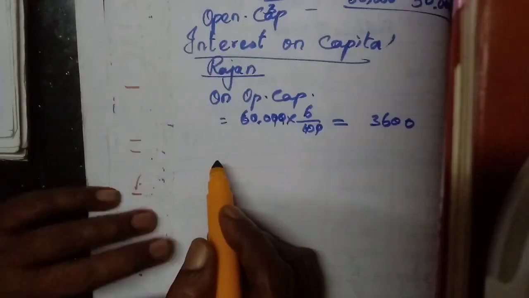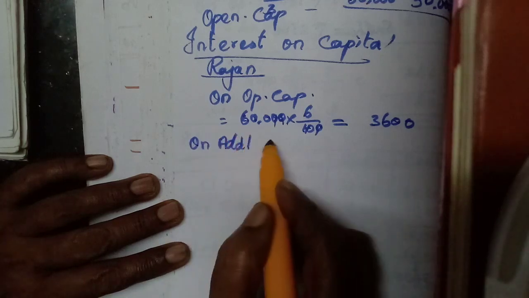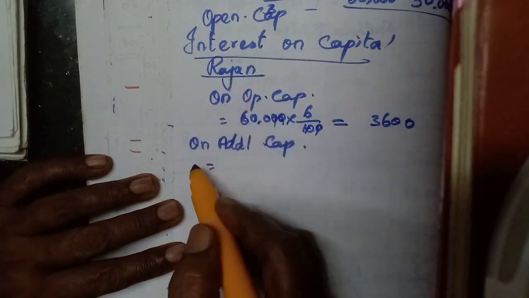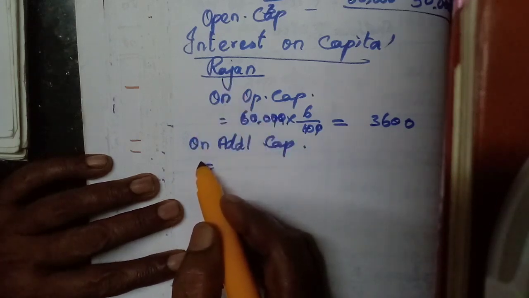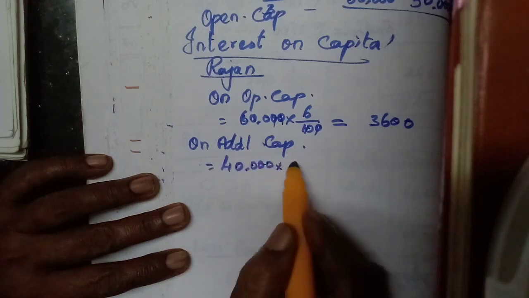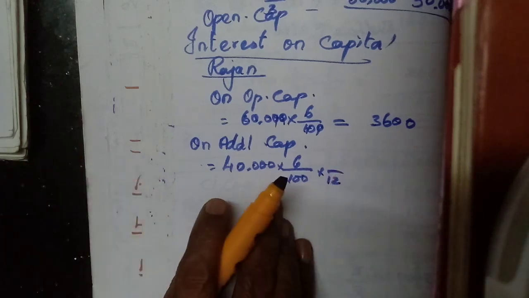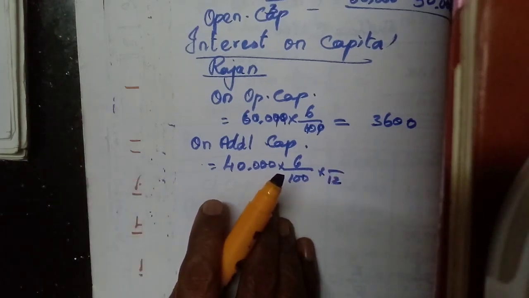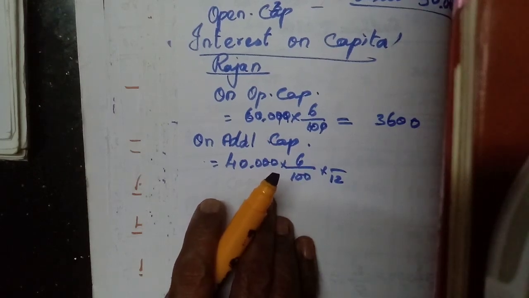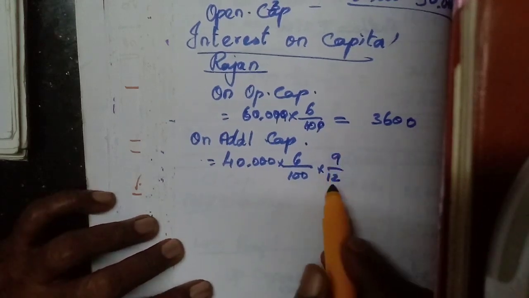Then for the additional capital. How much is the additional capital of Rajan? 40,000. Then when he introduced it, we have to calculate. Rajan introduced it on 1st April. The accounts close on 31st December, so from April to December, 9 months.